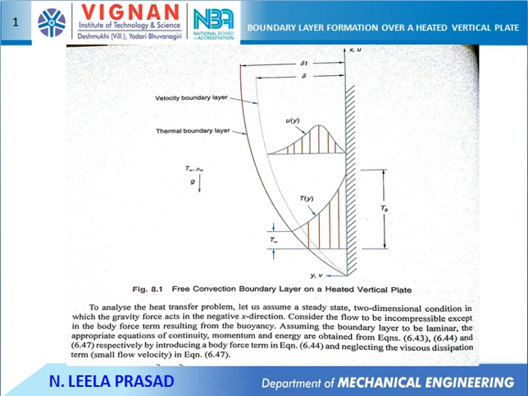You can see the vertical flat plate whose surface is at temperature Ts, and bulk fluid temperature is T infinity, and gravity will be acting downwards against buoyancy forces.